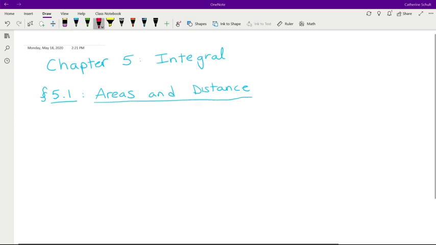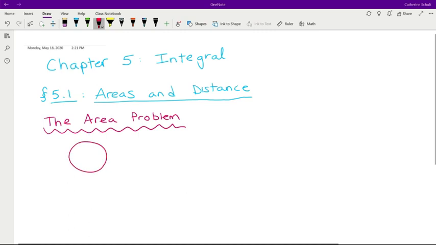Okay, so in one of the very first sections we did together, we talked about this area problem. In one of our very first discussions, an introduction of calculus, what is calculus? We talked about how back in the day they wanted to estimate a circle, and they did it by shapes, right?